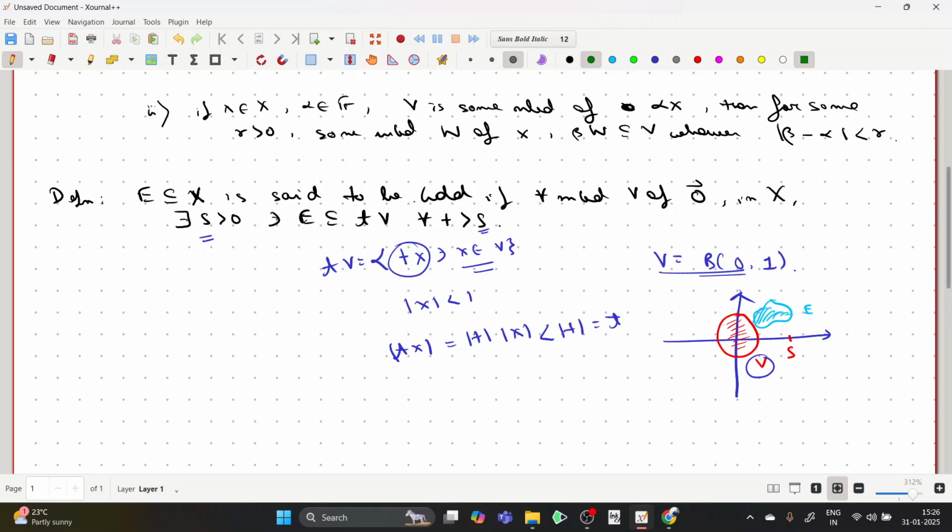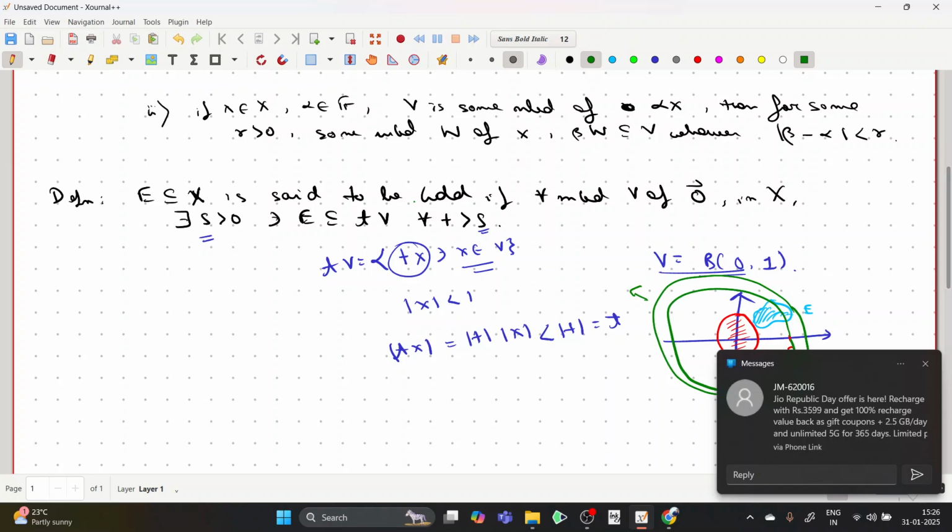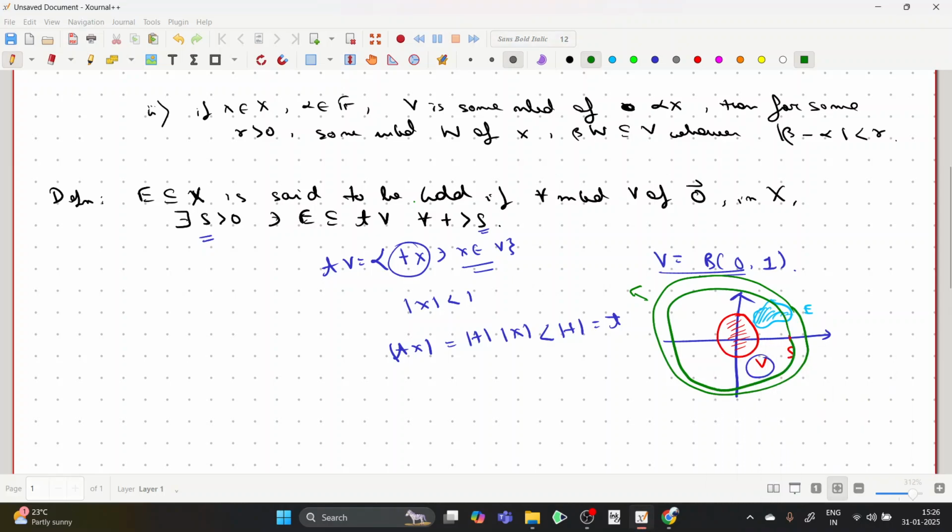If I consider t exactly equal to s, I'll get a ball like this, which is still not entirely containing E. But as I exceed s, I'll get a ball like this which will completely contain E, and if I go beyond it, all the other balls will still contain E.